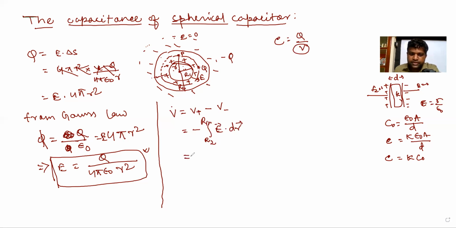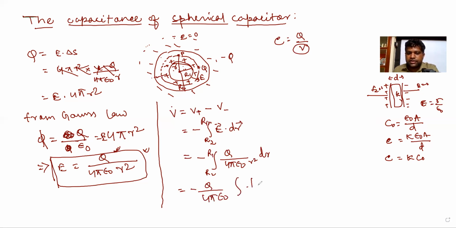Now we'll just simply integrate. We'll put the value of E from here, so that it will become minus Q by 4 pi epsilon naught R square dr, integrated from R2 to R1. Now you see, minus Q by 4 pi epsilon naught will come outside.